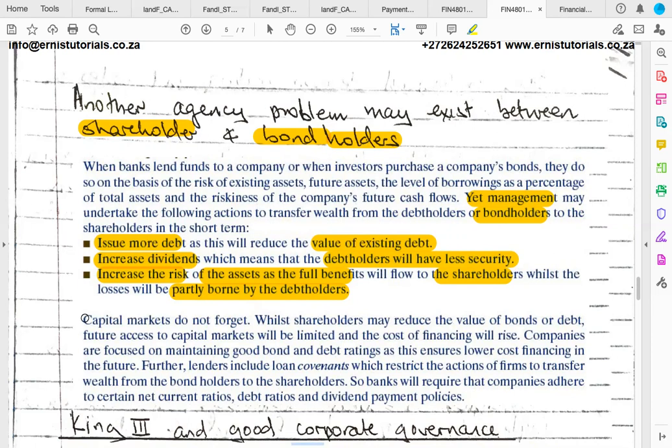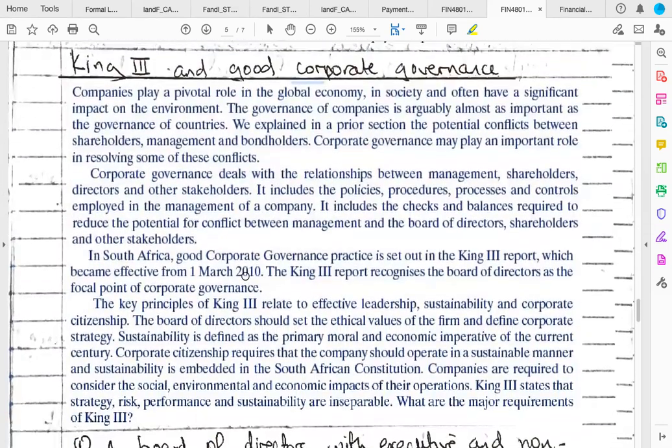So if companies continue to do that, capital markets don't forget. It might mean that in the future, when the company wants to raise more money, the cost of raising that money will rise significantly. And it might also mean that in the future, when the company wants to raise money, they might get money with loan covenants, where they have a lot of restrictions on what they can do and what they can't do, so that bondholders are protected against management just trying to act for the benefit of shareholders.